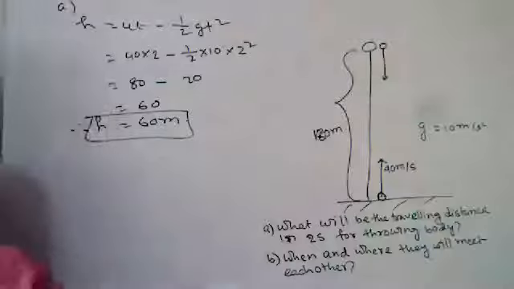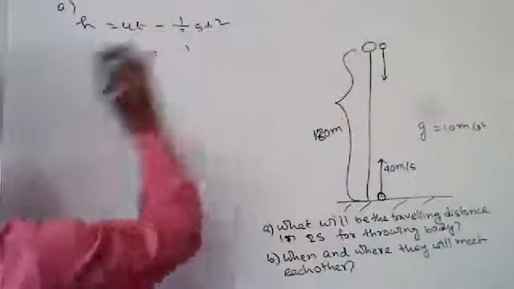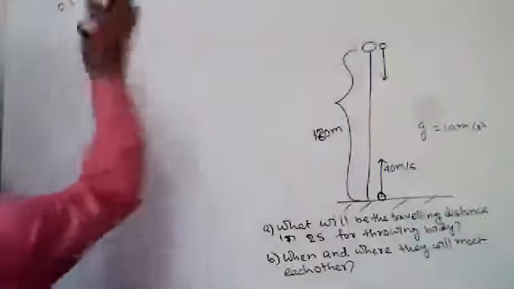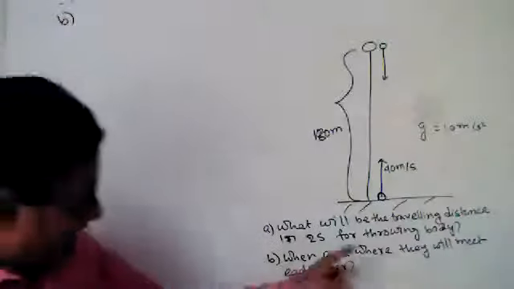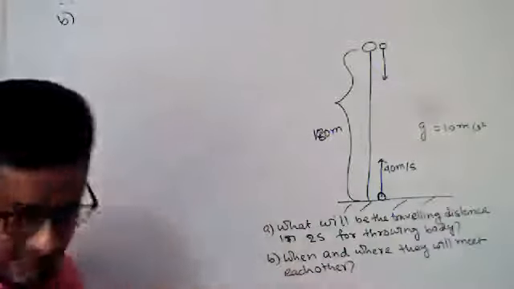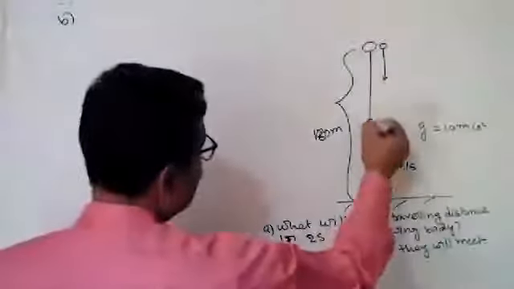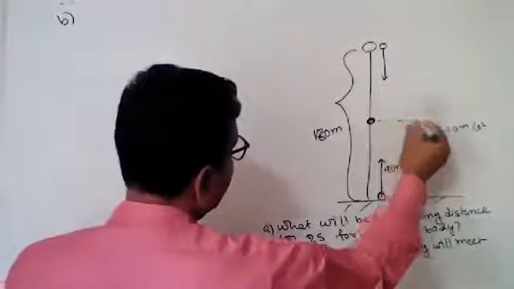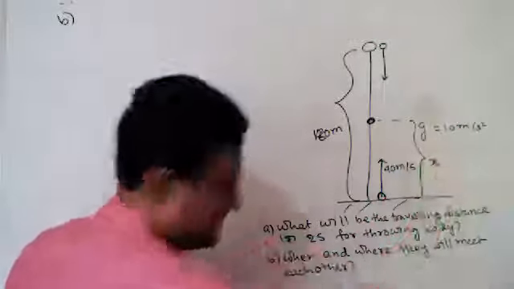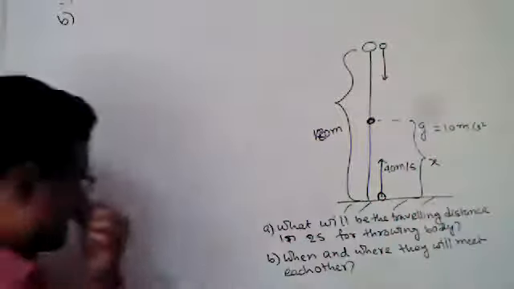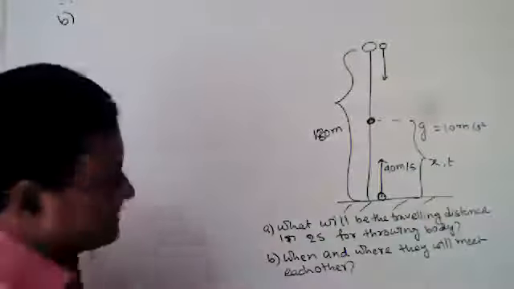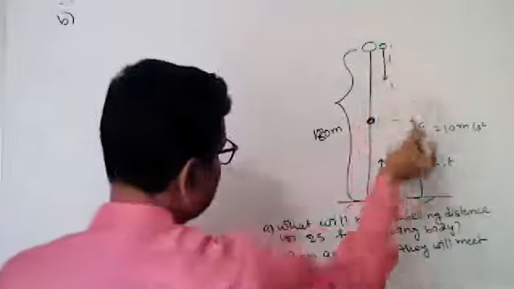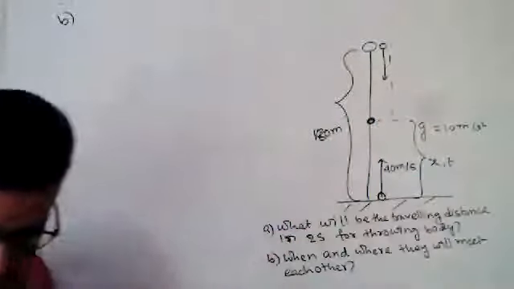Now, the second one is important. When and where will they meet each other? Suppose x meter from the ground, and after time t, they will meet each other. That means one comes towards this position and the other goes to this position.